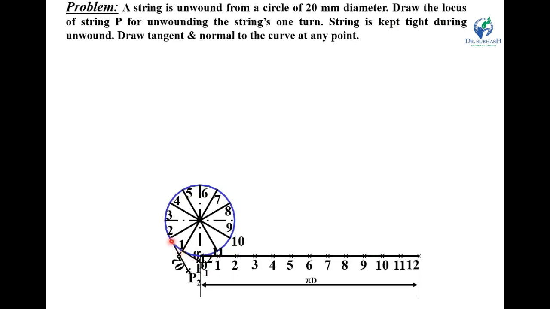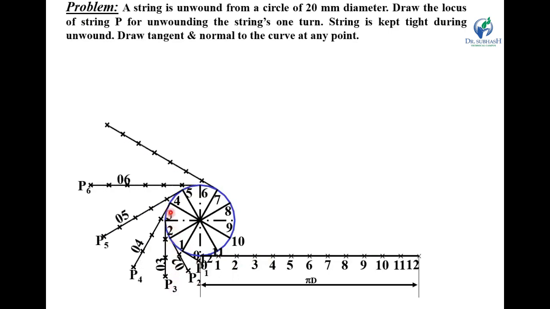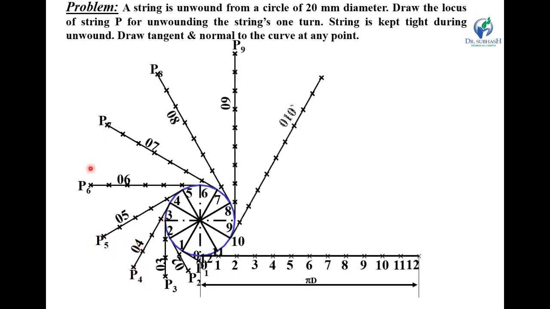Now similarly, draw a tangent from point 2, and now with 2 as the center and radius equal to 2 parts, that means 0, 2, draw an arc, you will get the point P2. Similarly, from point 3 you will get the point P3, and from all the points you will get the points P4, P5, P6, P7, P8, P9, P10, P11 and P12.